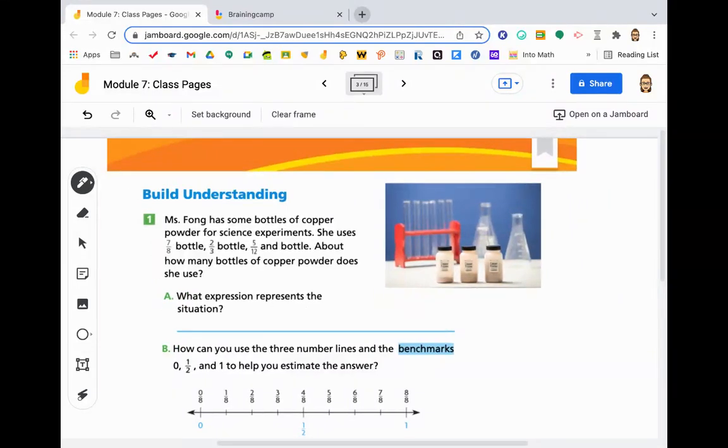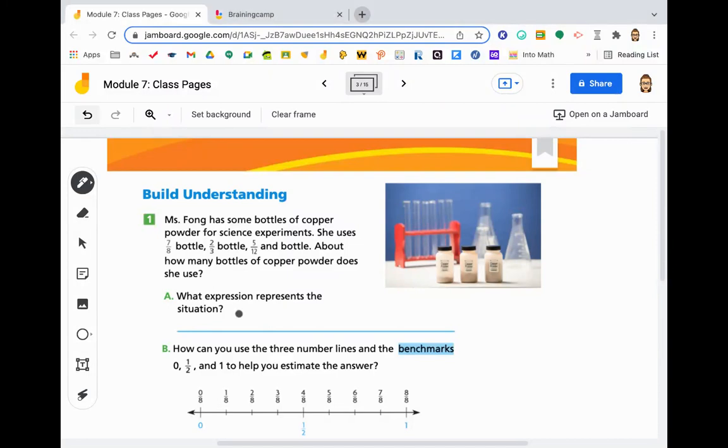Okay, so it says Miss Fong has some bottles of copper powder for science experiments. She uses 7/8 bottle, 2/3 bottle, and 5/12 bottle. About how many bottles of copper powder does she use? Write an expression. What expression represents the situation?